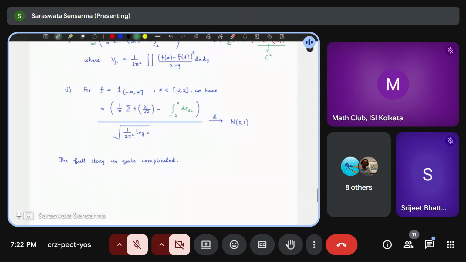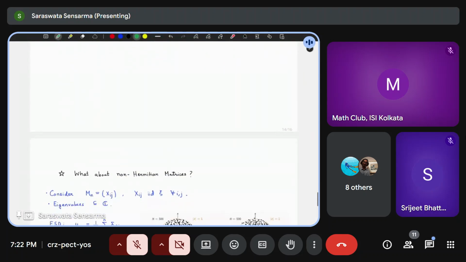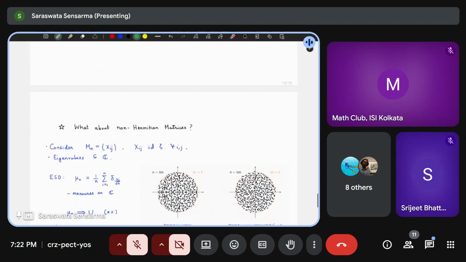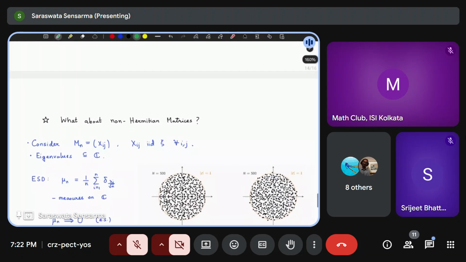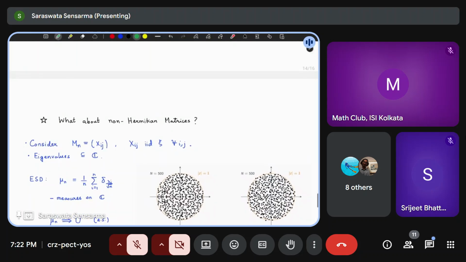And finally, the last thing I wanted to talk about is this question: what if the matrices we're dealing with are not Hermitian? Throughout this talk, we have only been dealing with Wigner matrices. What about, say, IID matrices, where each entry is, say, independent normal 0, 1? What happens then? Previously, all our eigenvalues were real. Now they're no longer real. They're complex.